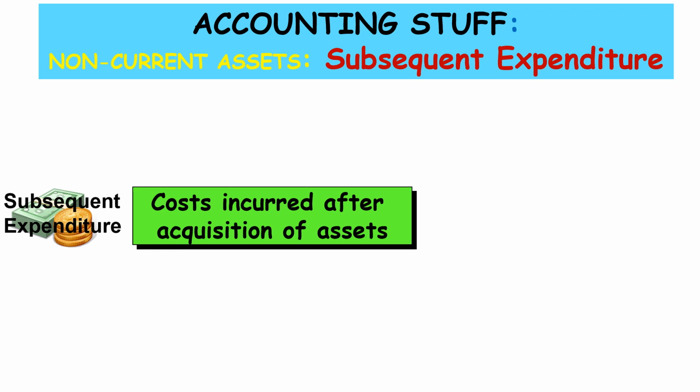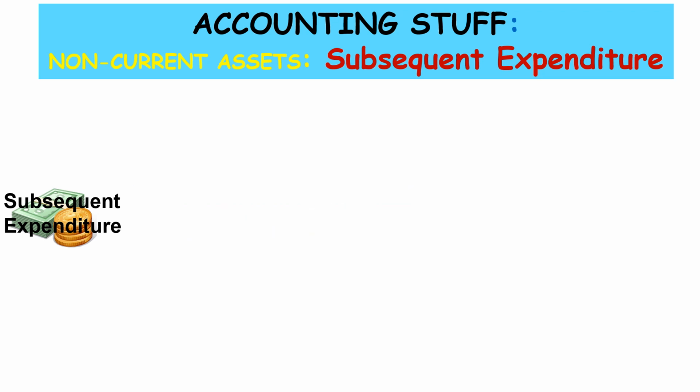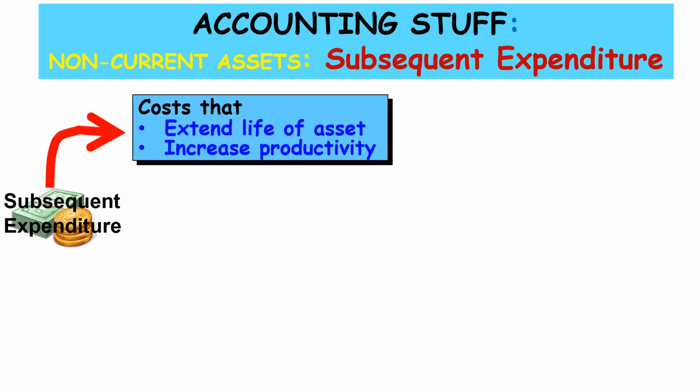For example, you might purchase a vehicle and after using it for some time, you might want to tune up, spend money on the oil changes, tune up, or you might spend money on removing the whole engine or replacing the whole engine. Now we call that money spent subsequent expenditure. So the question for us is, what is that subsequent expenditure and how to record it?